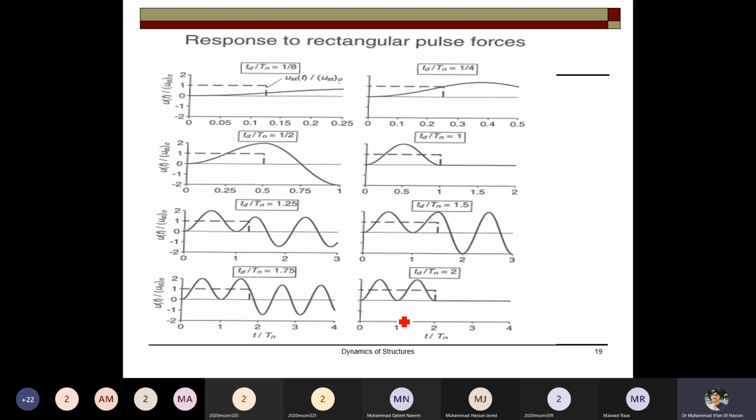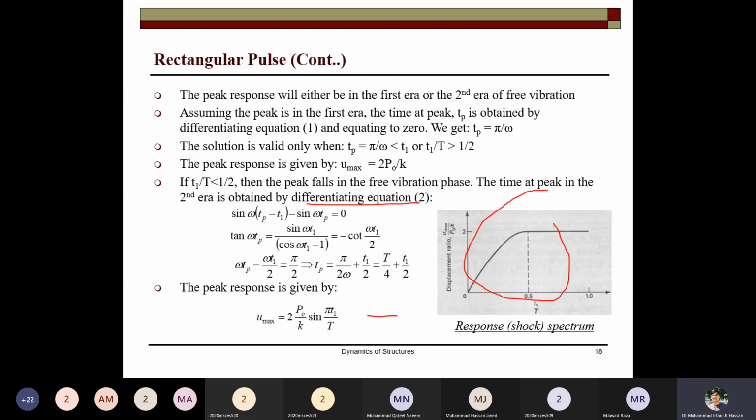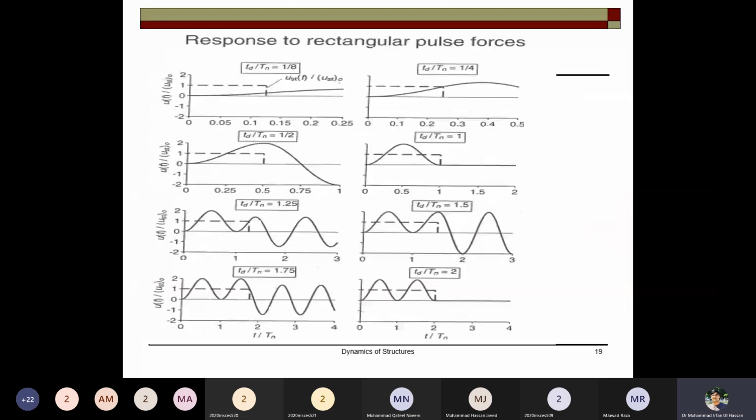These are for different values of the ratio of the damped time period and the natural time period, and these values are changing. Then you can see the behavior. As the ratio is changing, accordingly the response of the system is also changing.